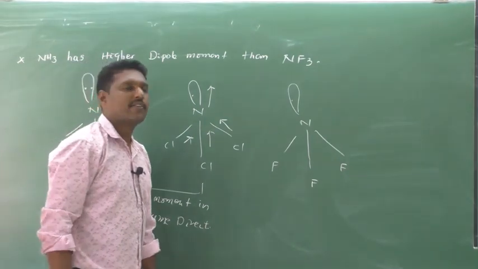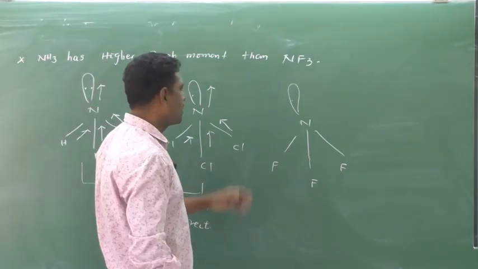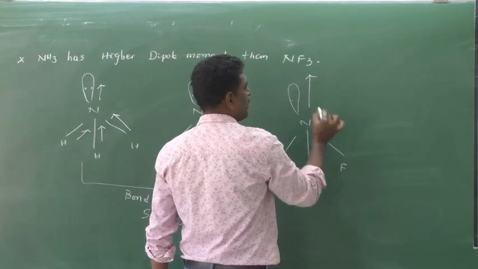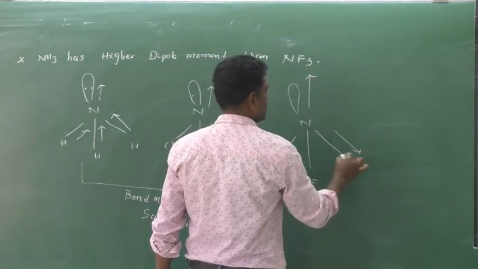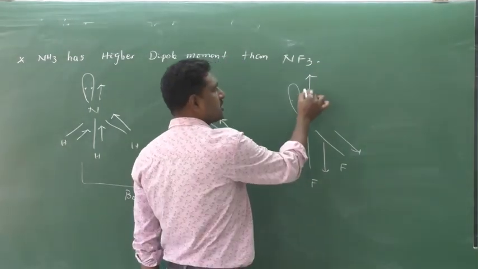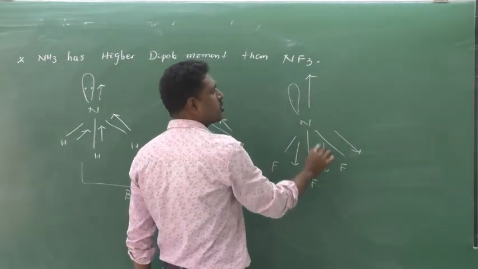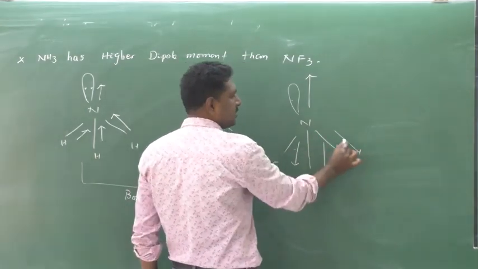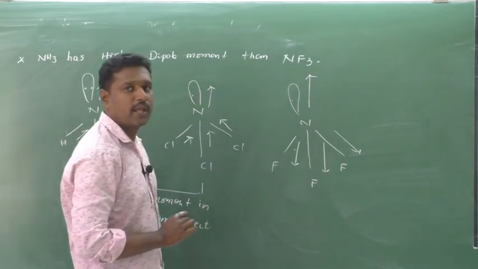But in case of NF3, here the bond moment is in this direction. So this bond moment and this bond moment, the two bond moments get cancelled. The resultant bond moment is the sum of these two bonds only.